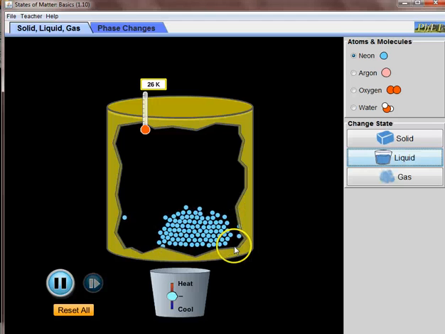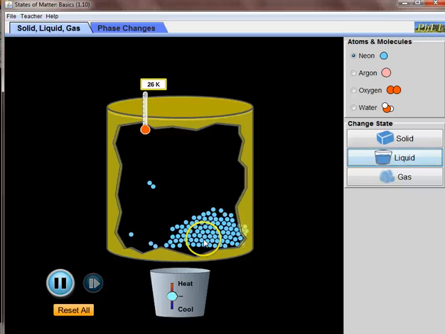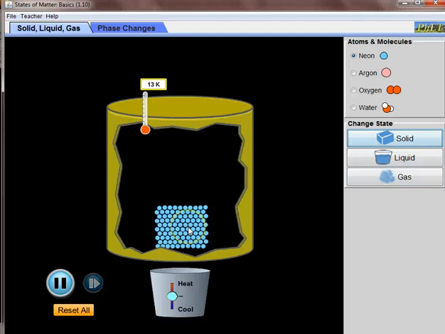What can you say about the volume of liquid in this case? Is it less than solid or more than solid? It is greater than solid, correct? So there is definitely more kinetic energy than in the solid state. In solid, they were vibrating, so you can say they had some kinetic energy.